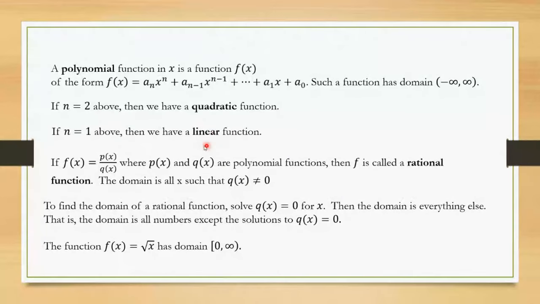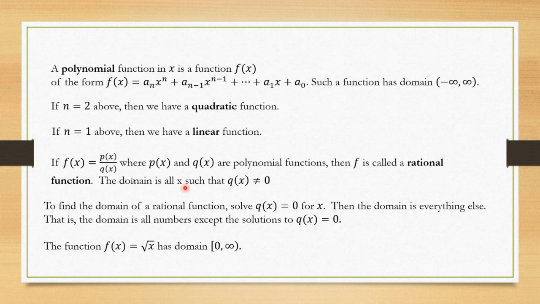All right. If you divide one polynomial by another, what you actually get is a rational function. So a polynomial divided by another, that's called a rational function. And the domain there is all numbers such that the denominator is not 0.